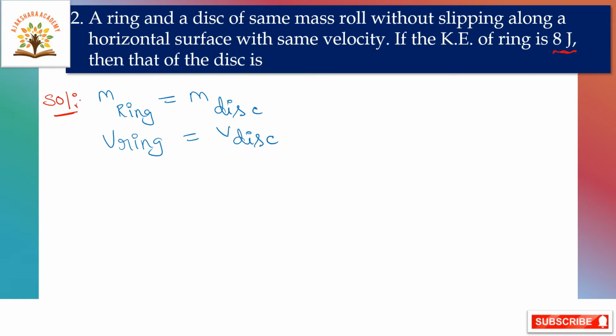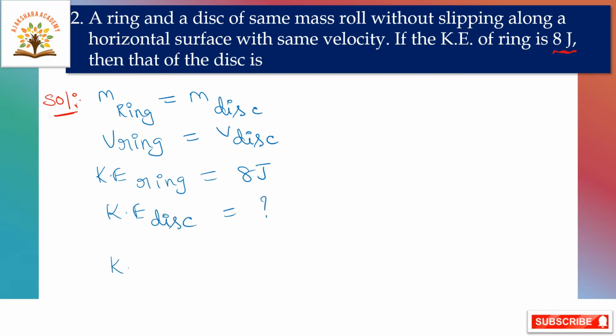Here in this question they given horizontal surface with the same velocity. Velocity is also same, and mass is also same. So same mass and same velocity, and they given kinetic energy of ring as 8 joules. We have to calculate kinetic energy of disc.